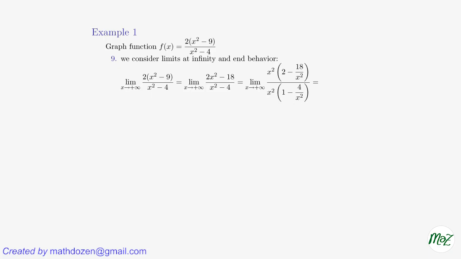How does it help? Well, it helps us cancel x squared to begin with. And then, as soon as we have this, 18 over x squared actually goes to 0 as x goes to infinity, and 4 over x squared actually goes to 0 as x goes to infinity. So the end result is positive 2. It tells us that y equals 2 is a horizontal asymptote.